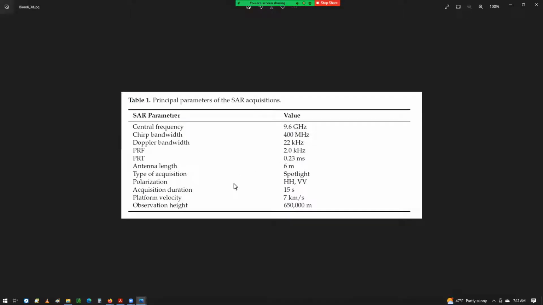And then the Doppler is basically a way to detect movement. So let's say you have a target that's fixed versus a target that's moving, then the Doppler will help to detect that movement. The antenna length on the satellite is 6 meters, so that matters in terms of how well you can resolve the images.